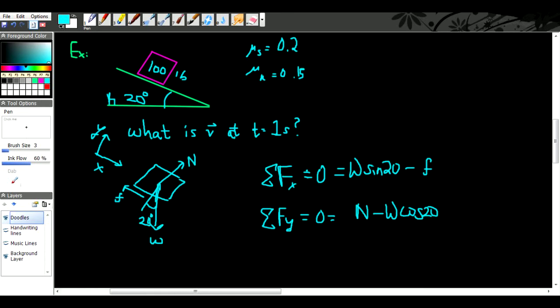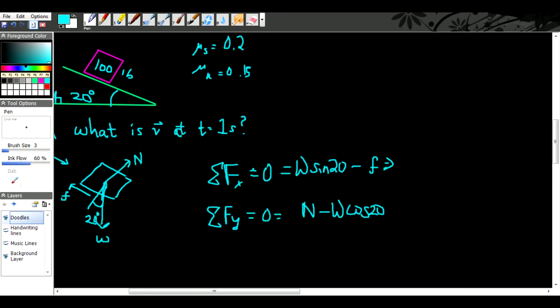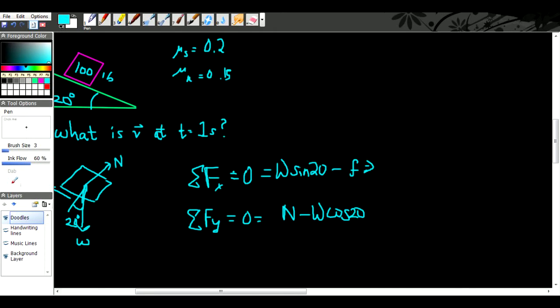So we need to figure out the maximum static friction. We need to solve for the friction force and see if our static friction can support that. The friction force in this system is F equals W sine of 20, where W is 100, the weight.